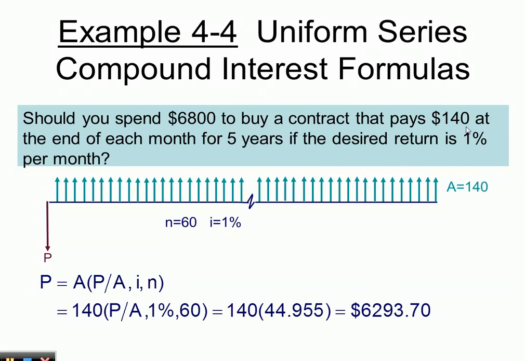So we're not gonna get this interest of 1%. If we had to spend less, then it would be better. But because we actually would spend more than what it's worth, it's not worth doing it at 1% per month. All right, very good. I hope you got this.